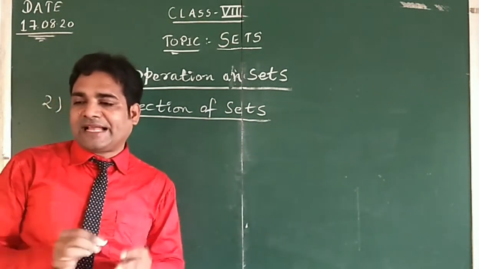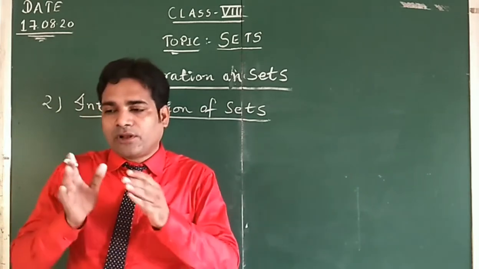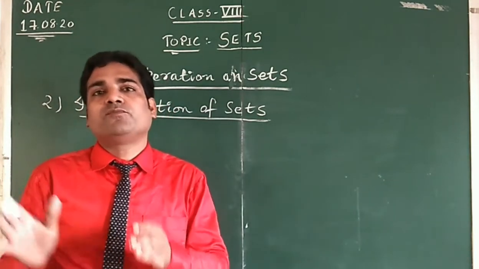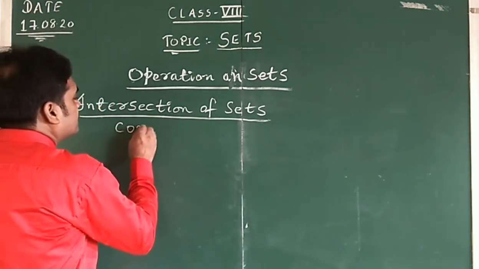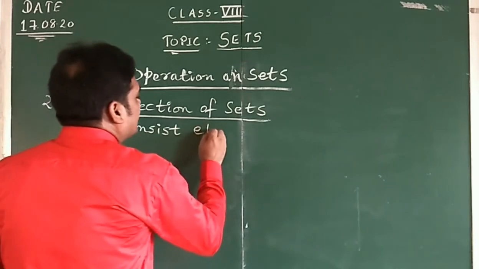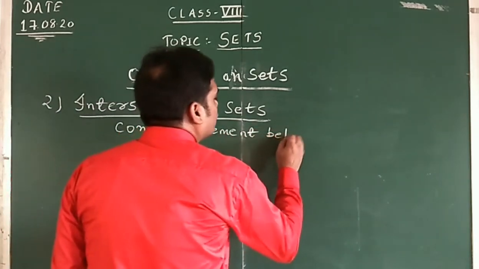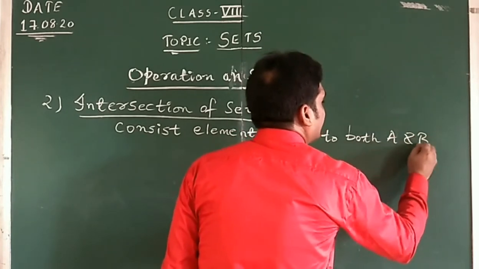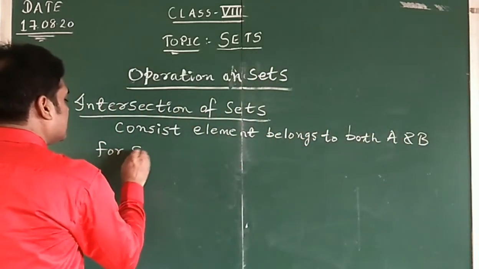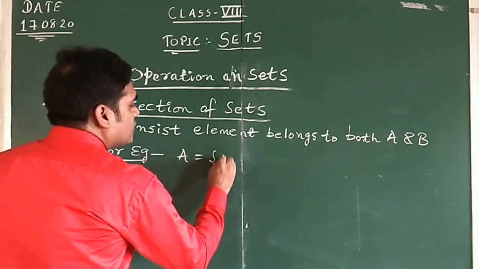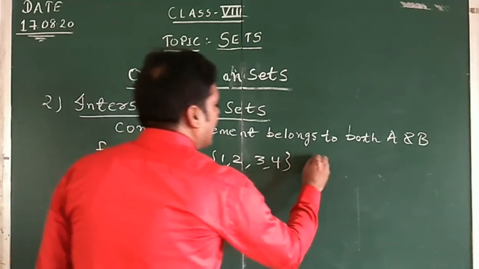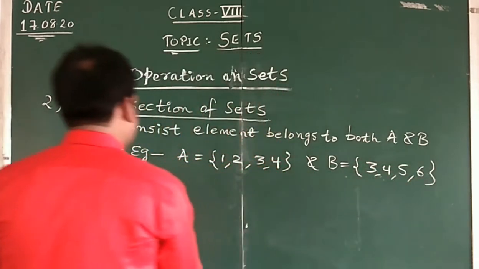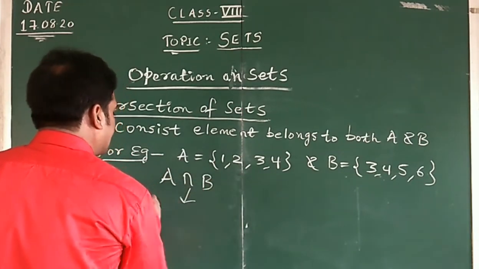These are the sets in which elements belong to both A and B. The intersection of sets consists of elements belonging to both sets A and B. For example, if we have one set A equal to 1, 2, 3, 4 and B equal to 3, 4, 5, 6, then A intersection B. This is the symbol of intersection.